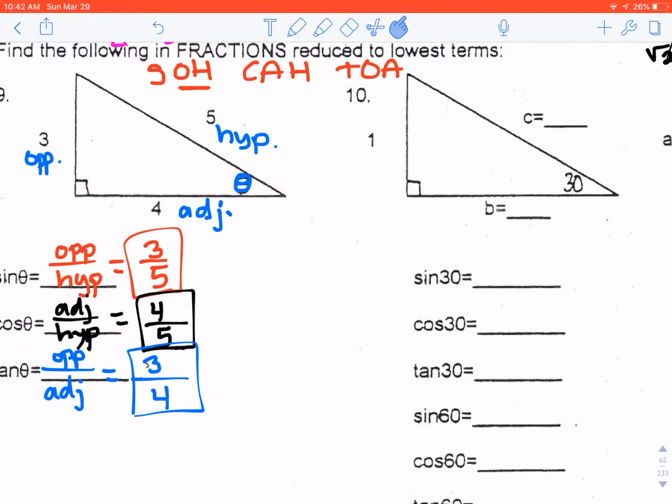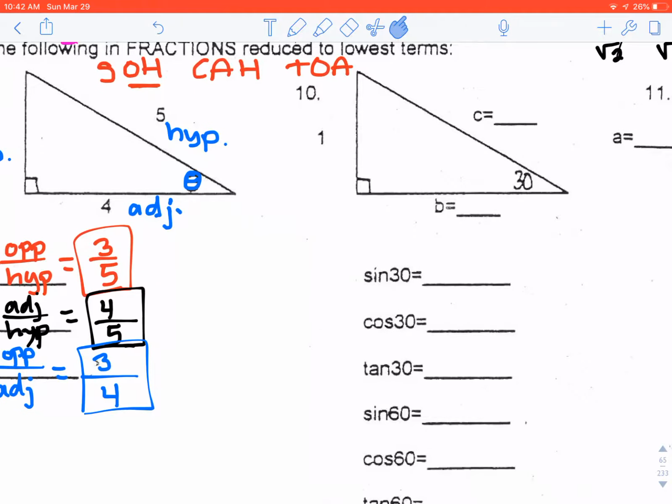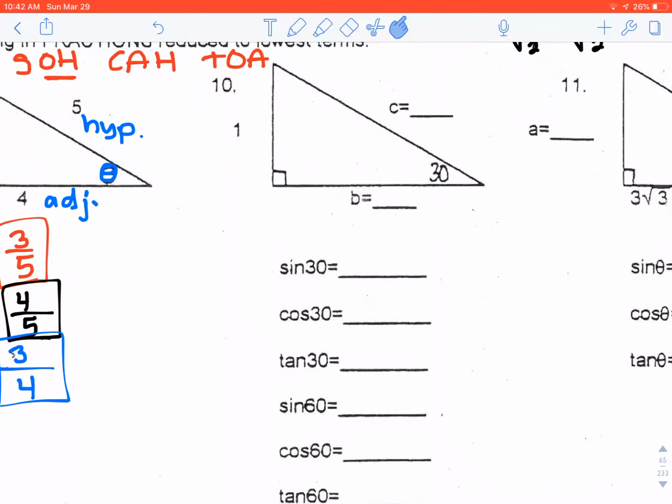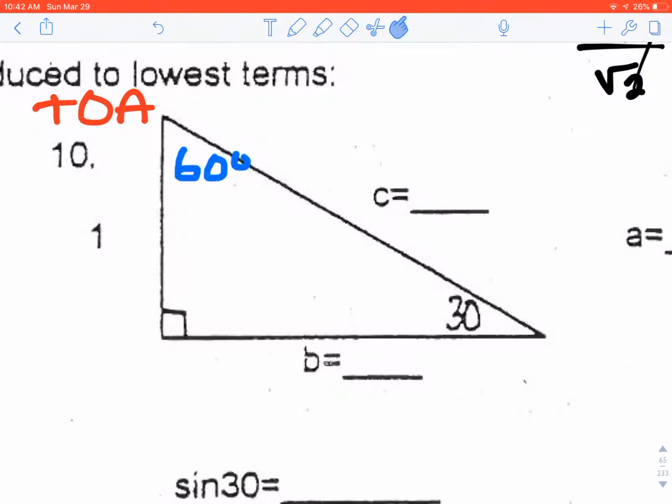Okay, number 10. So this one, a little bit of a different scenario here. We have a 30, 60, 90 triangle. So I want you to go ahead and fill in your 60 degrees here. We need to find the trig functions, the sine, cosine, tangent, etc. of these.